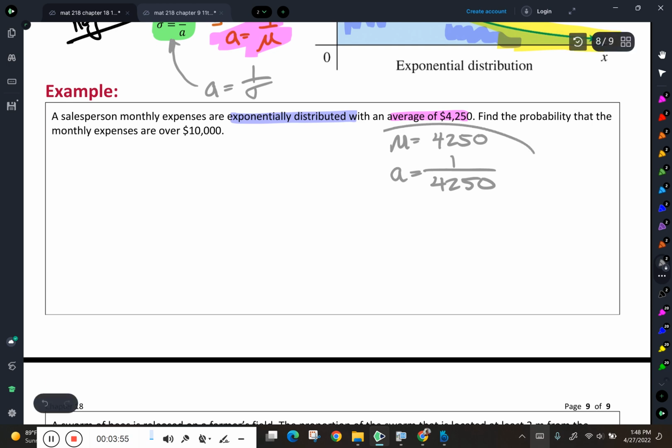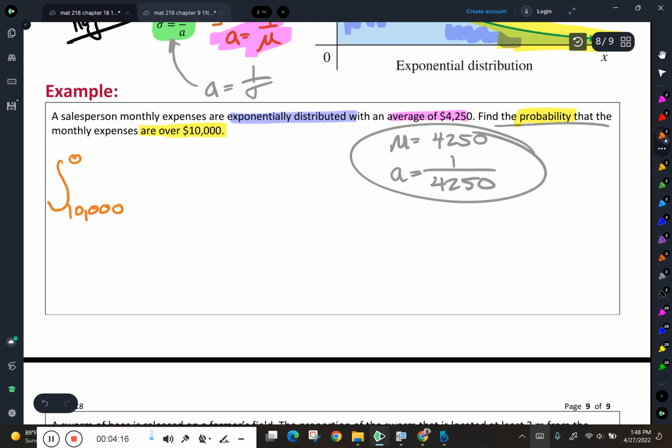I like that. Find the probability that the monthly expenses are over 10,000. If they're asking me to find a probability, that means I'm setting up an integral. Monthly expenses over 10,000 means that I'm going to do an integral from 10,000 to infinity of my probability density function.